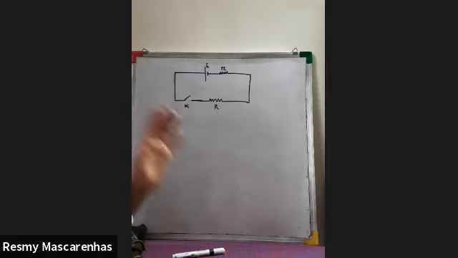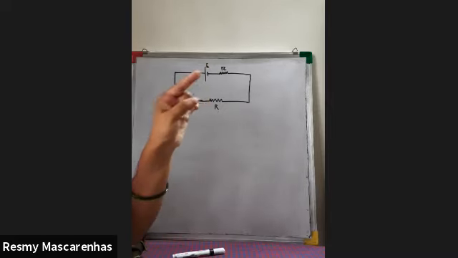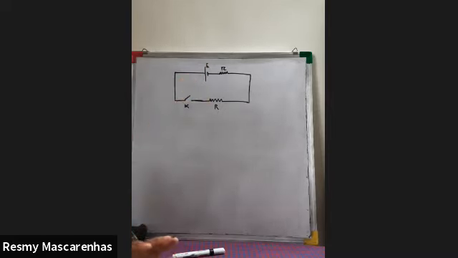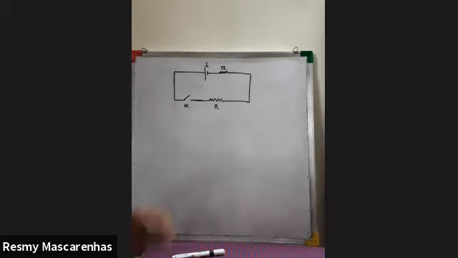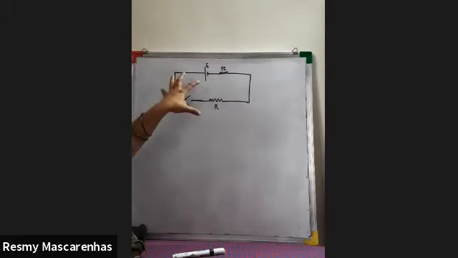It will be what it is claiming. Whatever value is written, that will be the value, which is nothing but EMF E. First part is clear. What do you mean by key is open? Yes? Yes, teacher. So when key is open, the potential difference will be nothing but E.